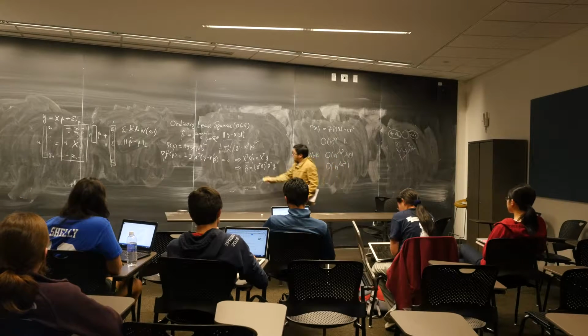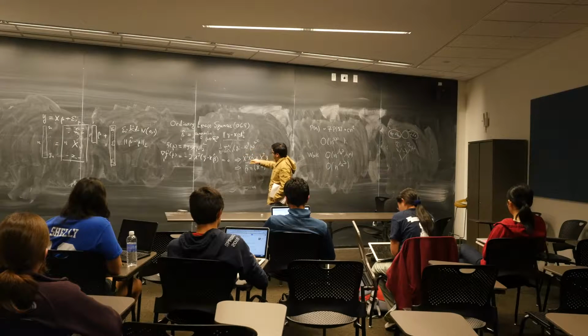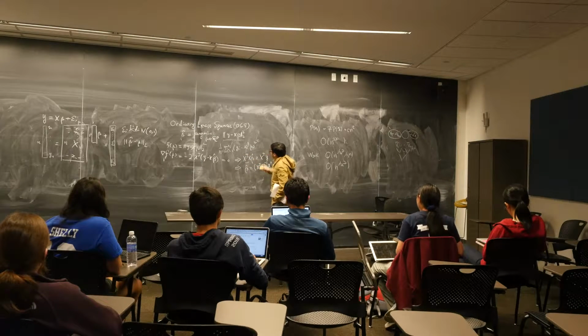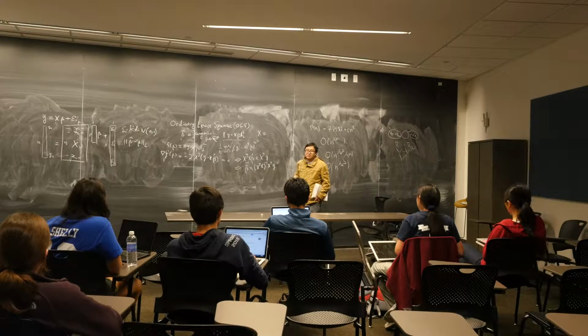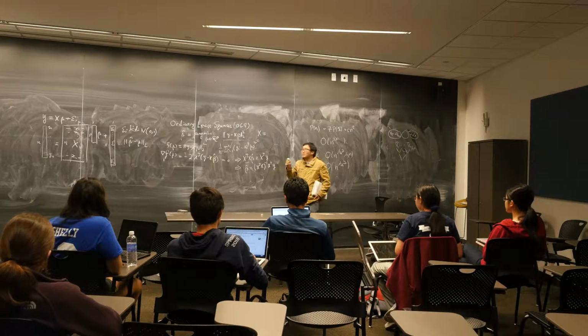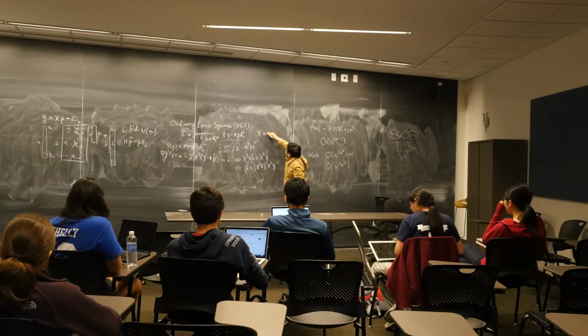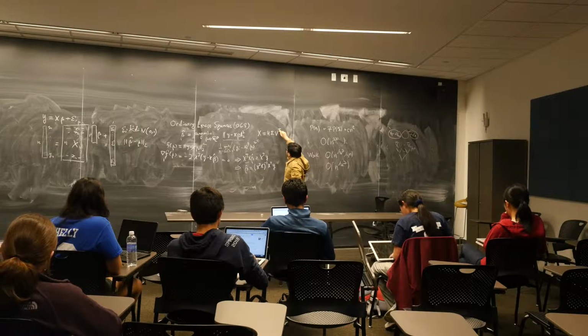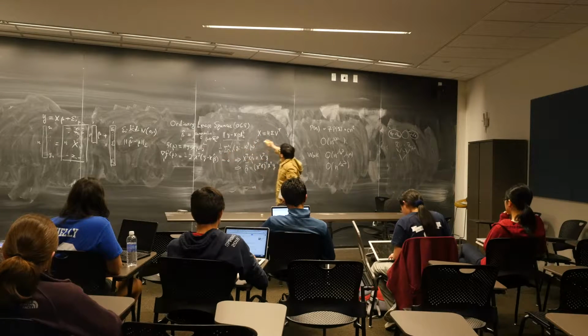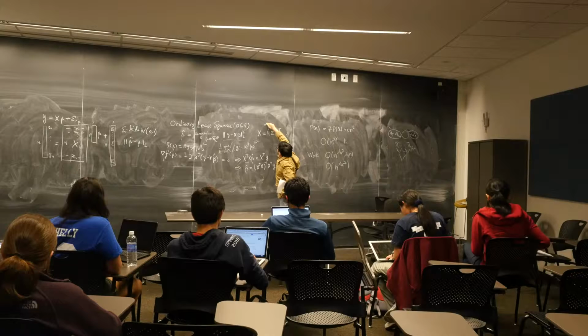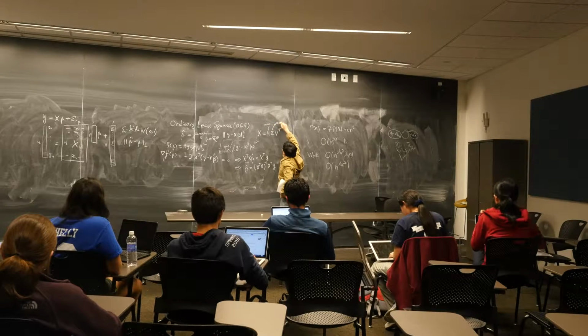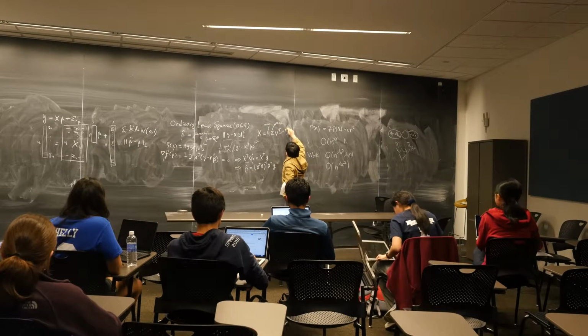So what exactly is the condition that X transpose X is invertible? Consider the singular value decomposition. How many of you know the singular value decomposition? Most of you? Okay. X is U sigma V transpose. X is n by p, so U is n by n, sigma is n by p, and V is p by p.